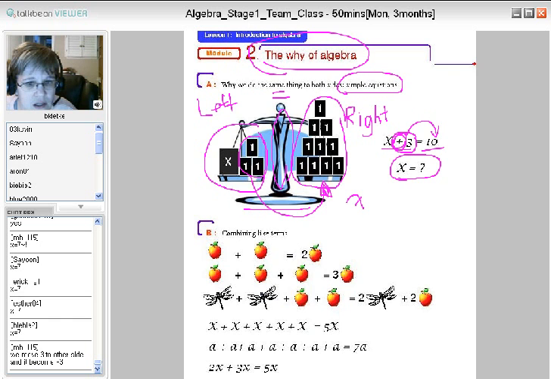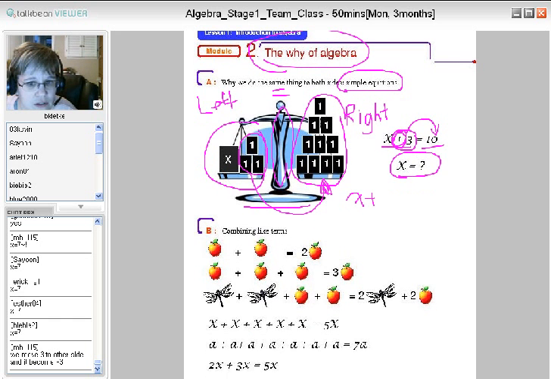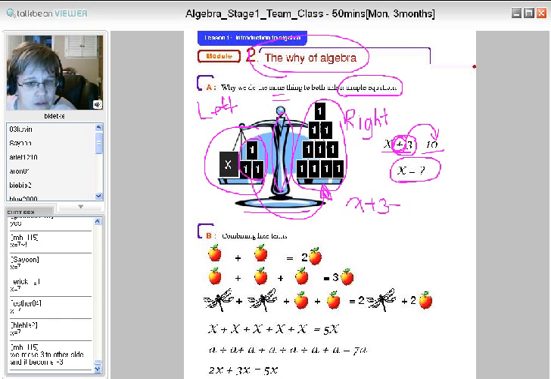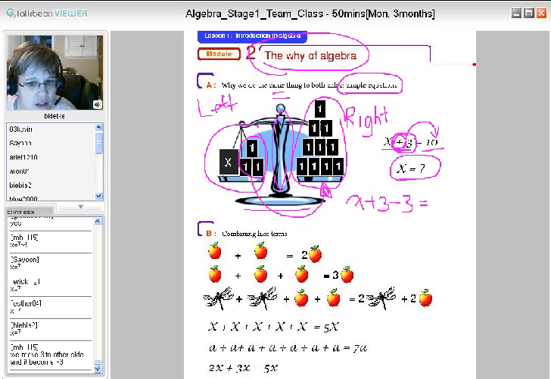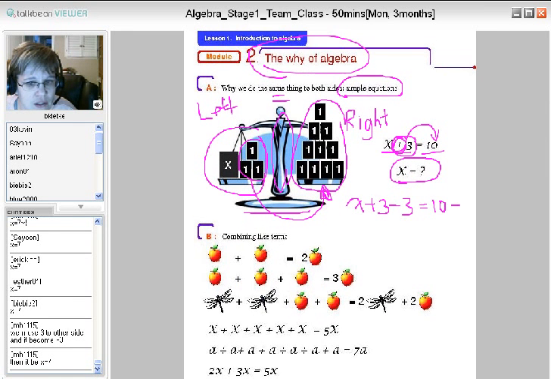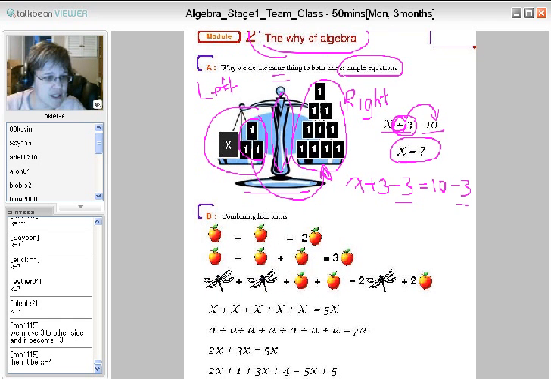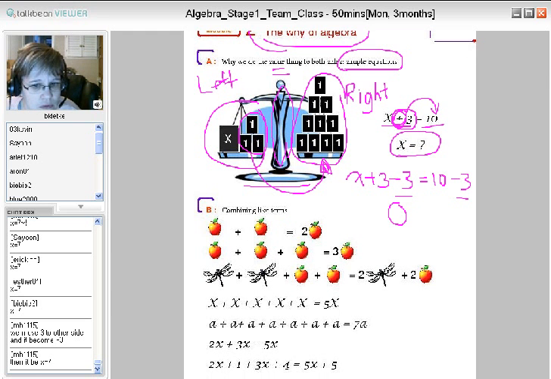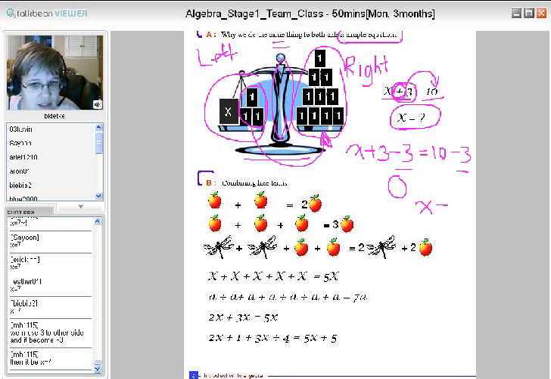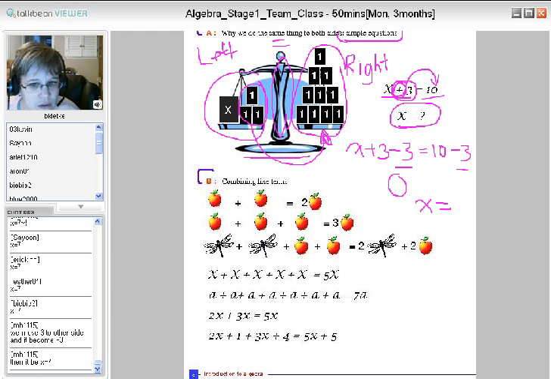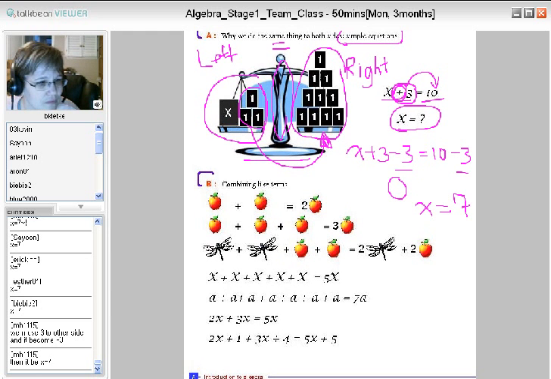So we're going to go x plus 3 minus 3 equals 10 minus 3. So what we do to the left side, we have to do to the right side. 3 minus 3 is going to be 0. So that leaves us with x equals 10 minus 3, which is 7.